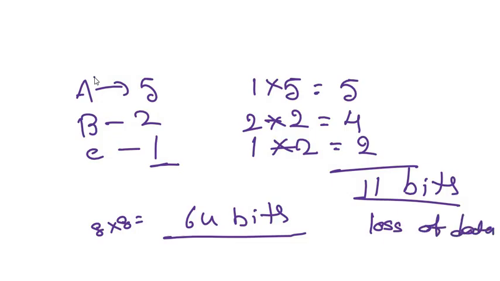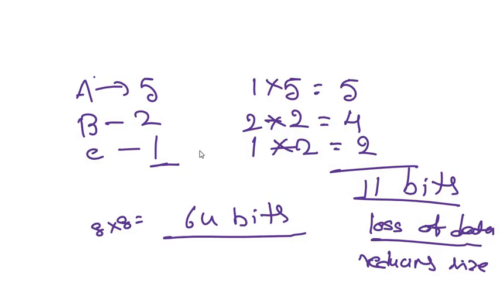This is the main advantage of using Huffman code. We are compressing the same message, there is only a reduction of data. We are reducing the size of the data, and there is no loss of data.